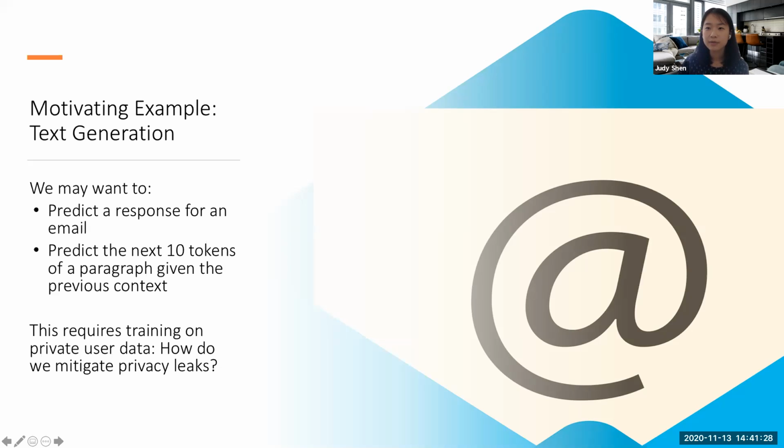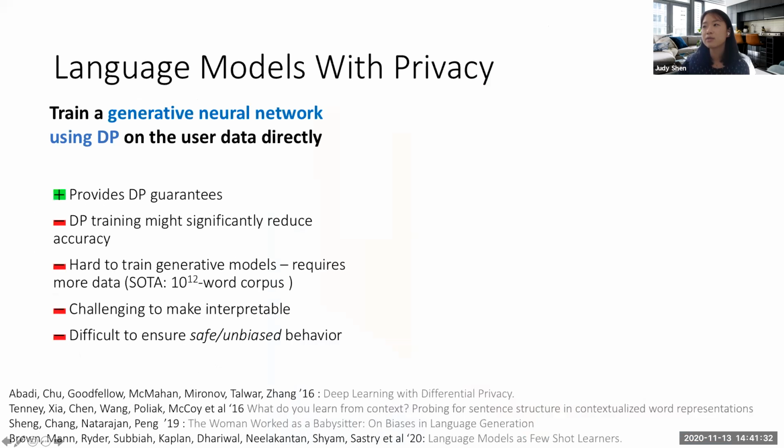Before going into our problem, I want to motivate what we can do to train language models with privacy now. There are two main methods. In our first method, we can directly train a deep neural network that helps us predict the next word. We do know how to do deep learning with differential privacy, but maybe we don't know as much about how this training might affect accuracy.